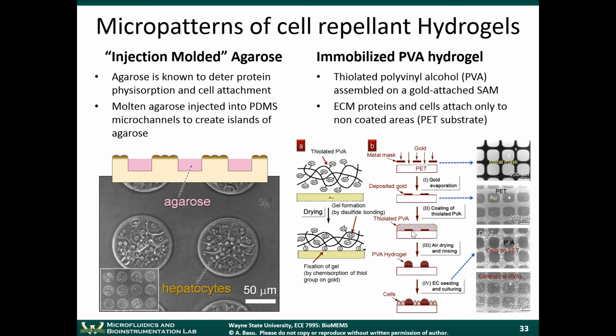And then you coat the PVA on top of here. You do this air drying and rinsing, and this PVA hydrogel resists the absorption of cells. So the cells will attach to these regions not covered by the hydrogel. So what these two techniques have in common is that these are hydrogels that repel cells, that prevent cells from attaching.